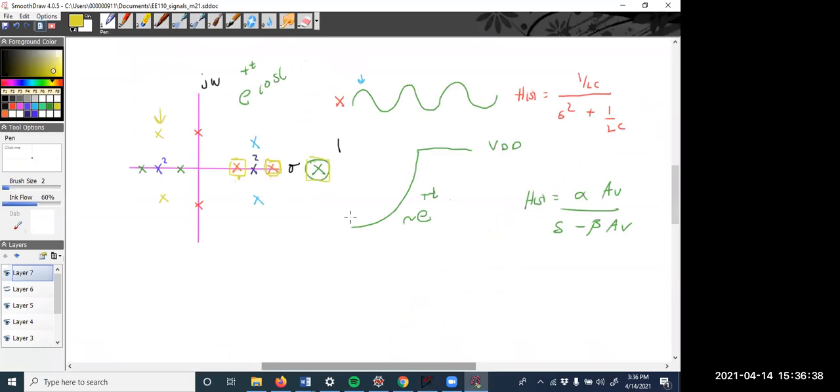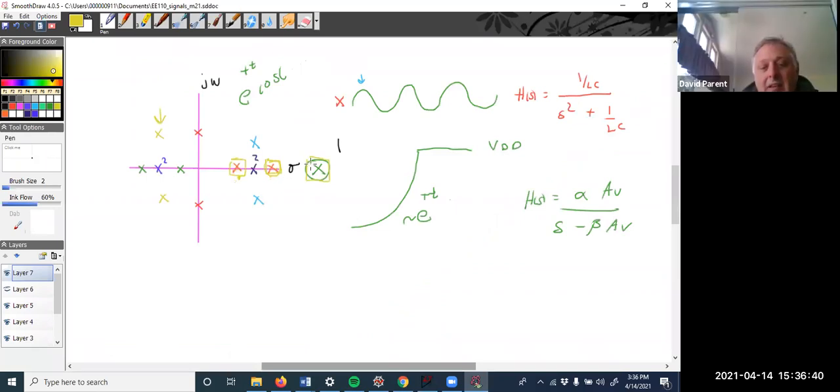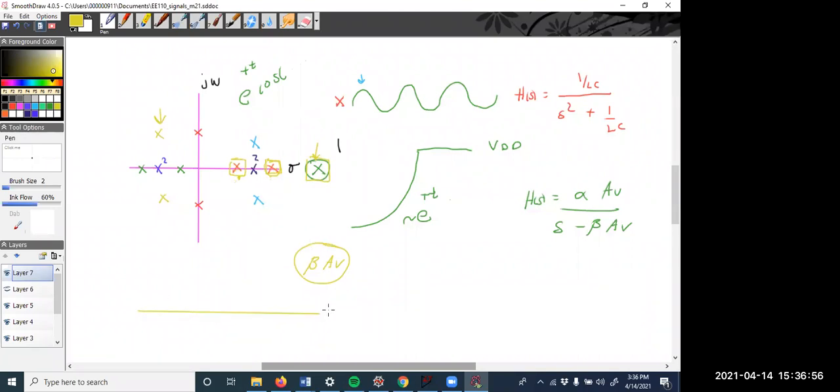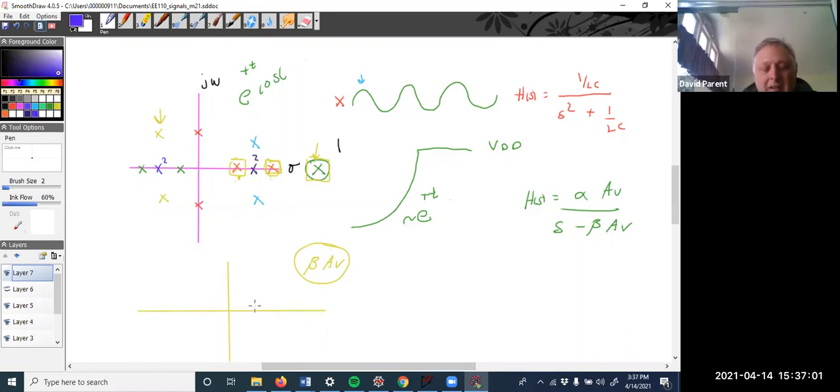That's a good question. Now, what I'm saying is, to me, this one's the best because I know that beta AV is a very large number, right? So it's over here. But if I did this, okay, here's another set of axes, and I just did this, right?